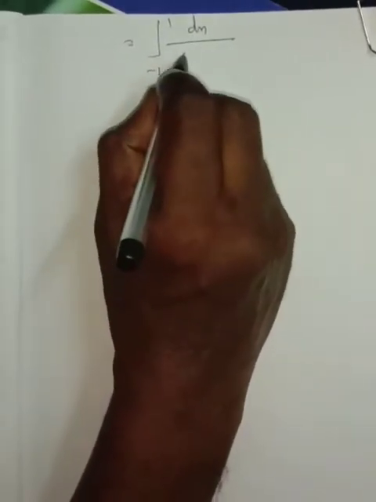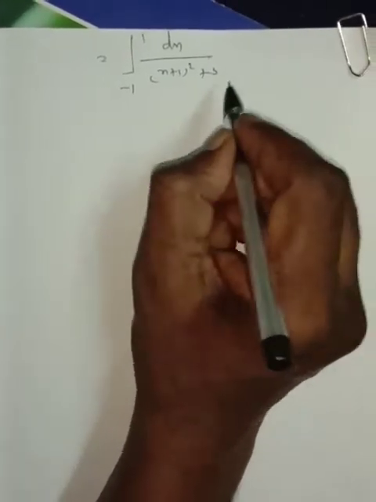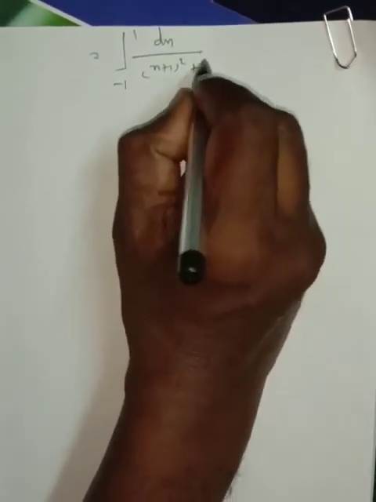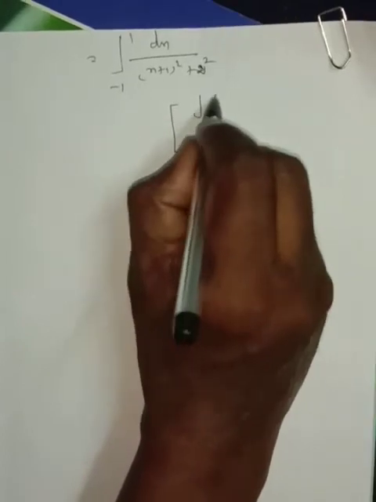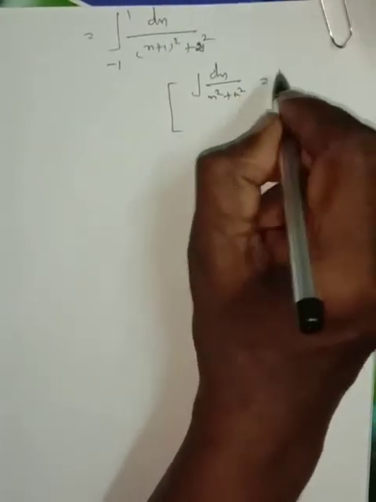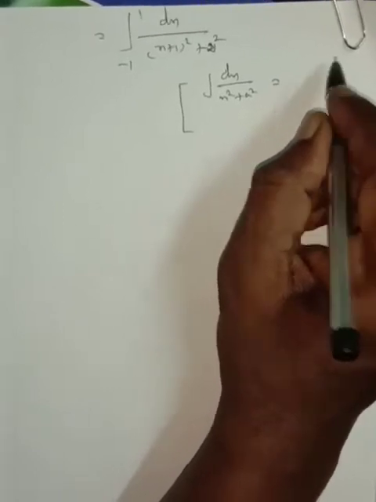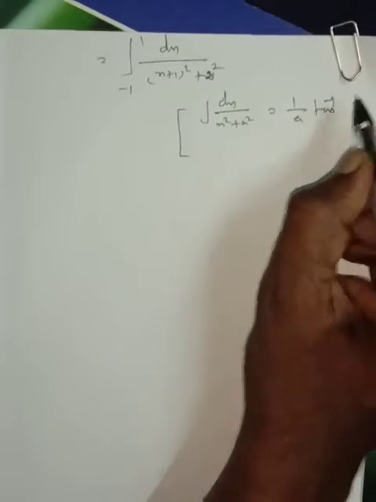Taken over the limit minus 1 to plus 1, dx divided by x plus 1 whole square plus 2 square. We know only one formula: the integral of dx divided by x square plus a square is 1 by a tan inverse of x by a.